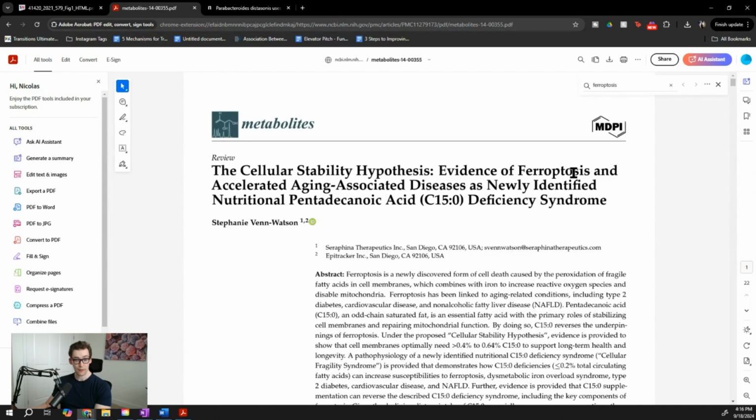The evidence of ferroptosis and aging-associated diseases with this C15. I mean, you're making all these claims, yet you're providing no evidence. Now, if that's a hypothesis, that's perfectly fine.